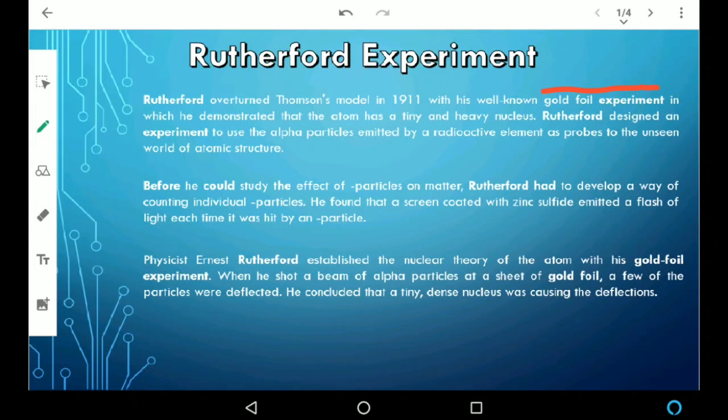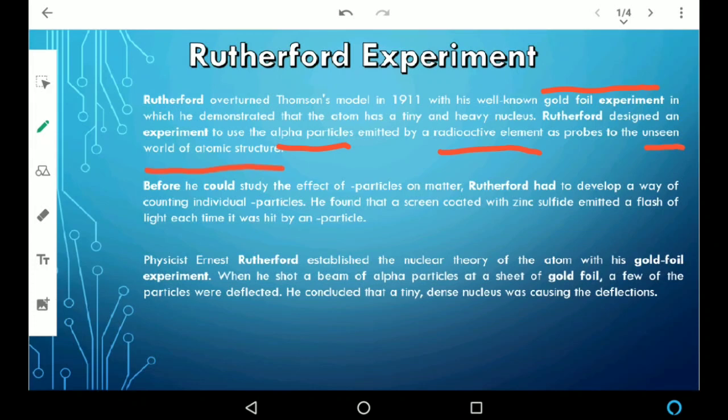Rutherford was using the alpha particles emitted by radioactive elements, especially those of uranium, as probes to define the unseen world of atomic structure.